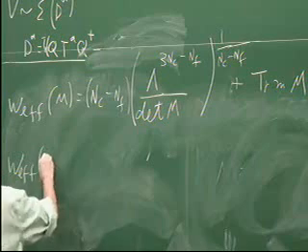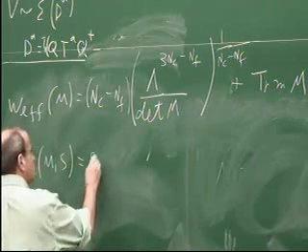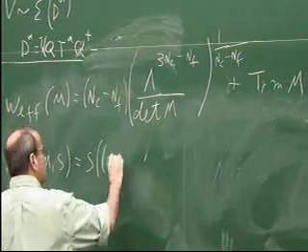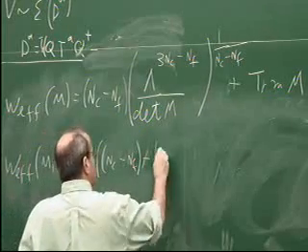And the one which is a function of M and S is S NC minus NF. And you can do the algebra yourself. It's not that much work.